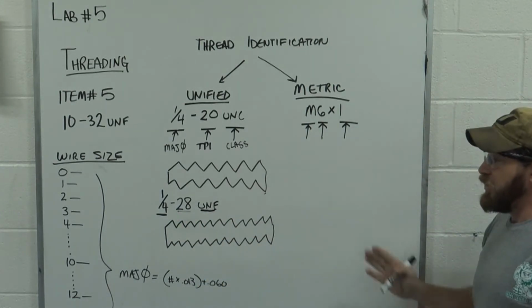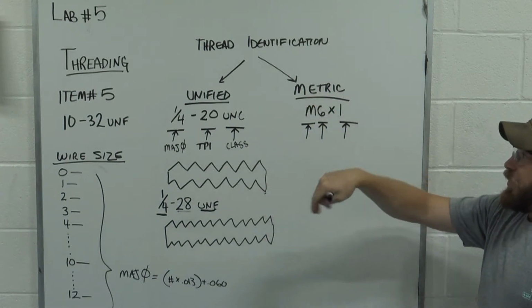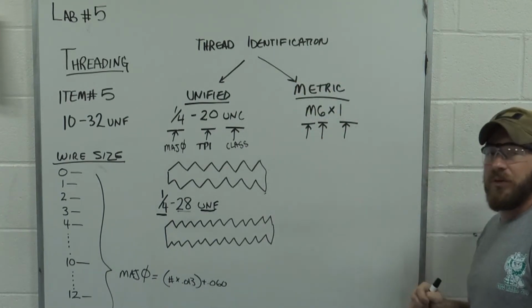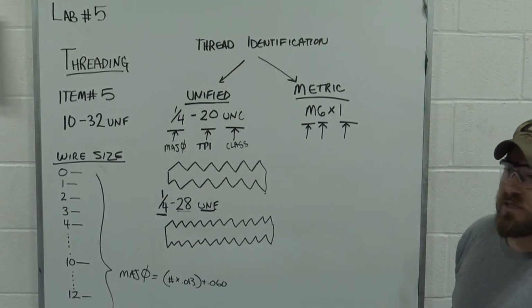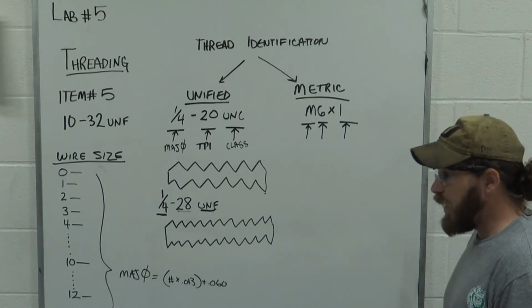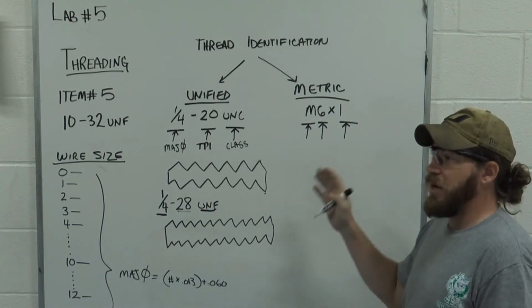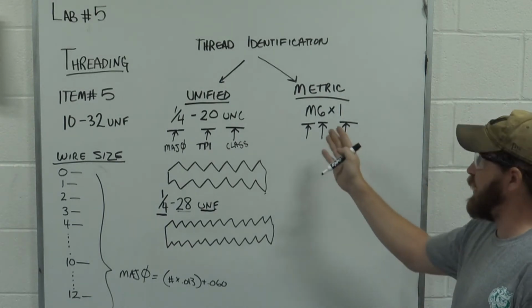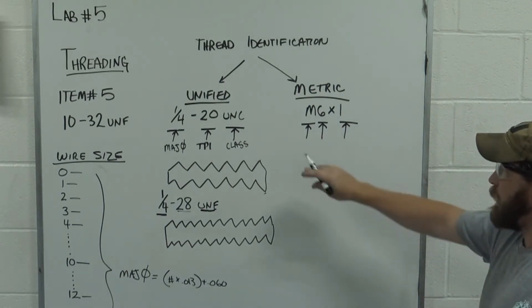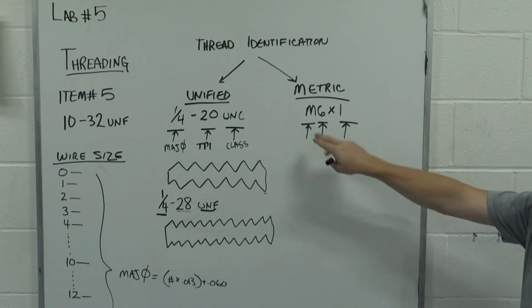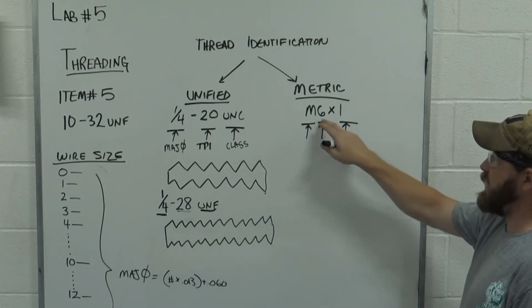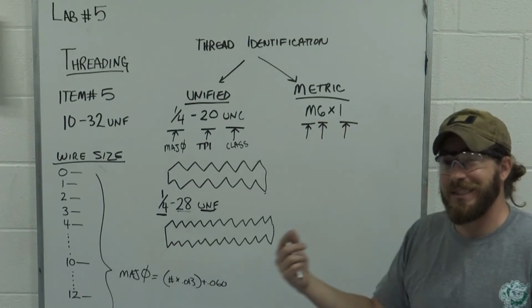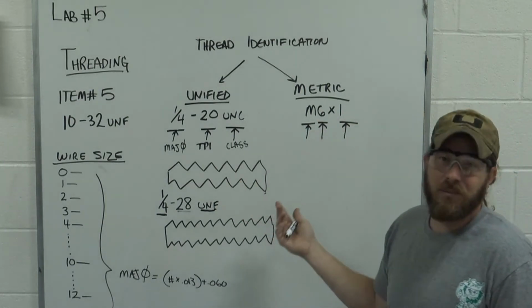The other thread that we deal with a lot are metric threads. Those are slightly different. They're made the same way, but they are identified differently. Right here we have an M6 by 1, and that's how we say it: M6 by 1. You just don't say 6-1 or 6 times 1.